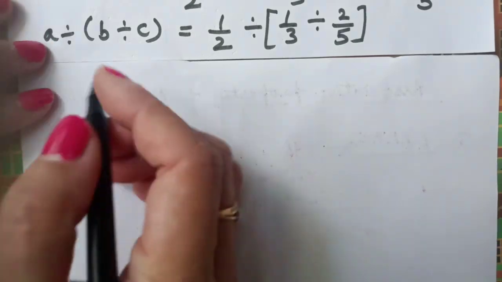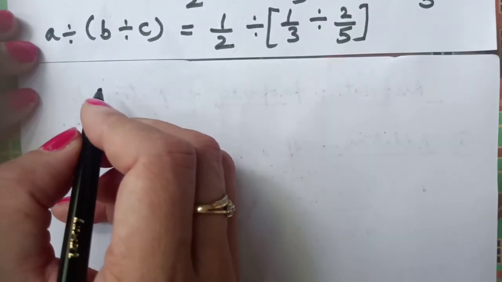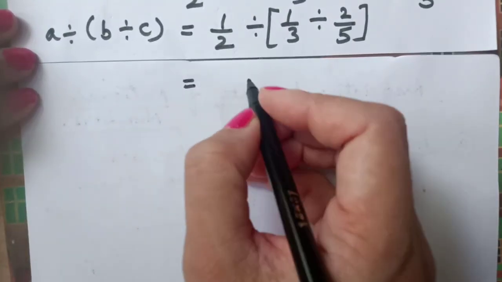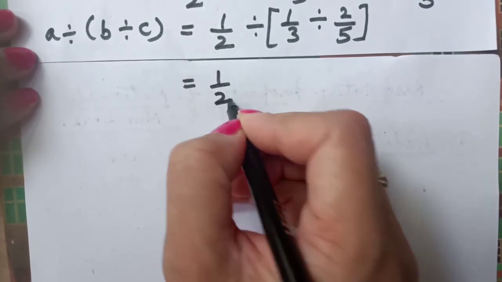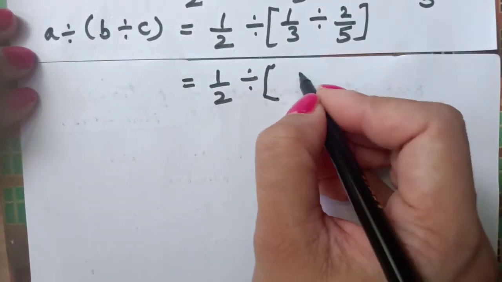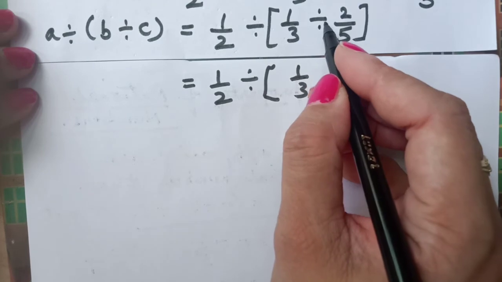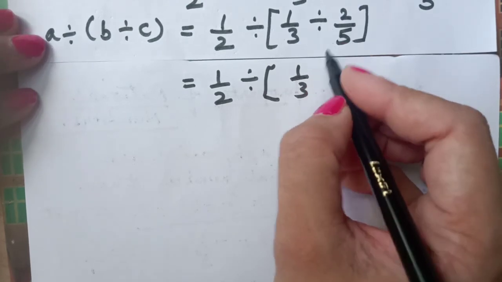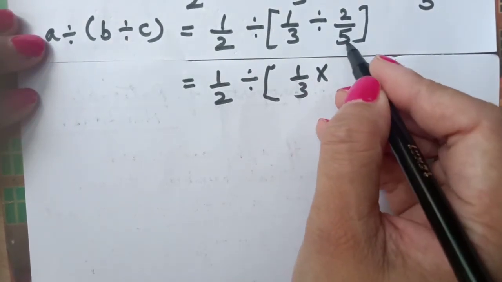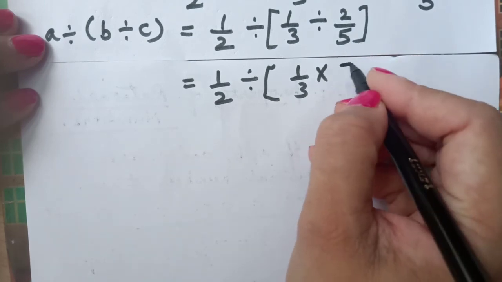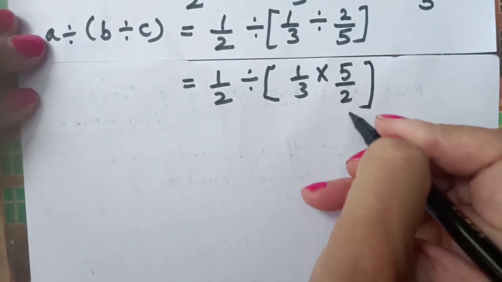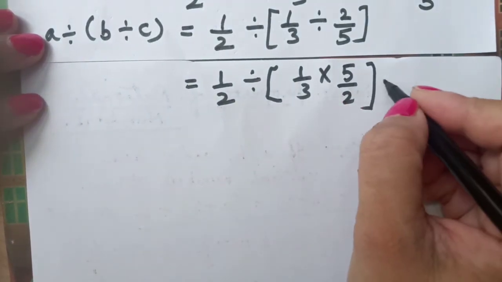So in the continuation of this we are going to solve 1 by 2 divided by 1 by 3. We will change the sign into multiplication by reversing the value. It will become 3 by 2. Now cut it.